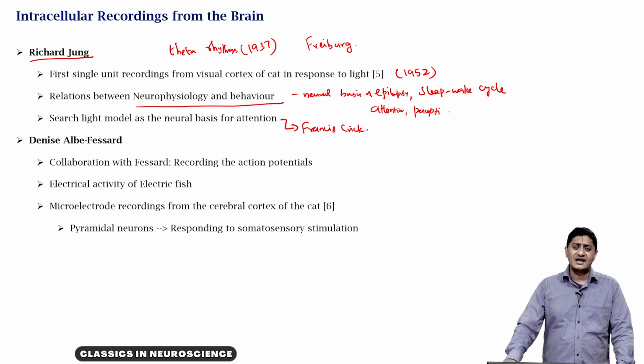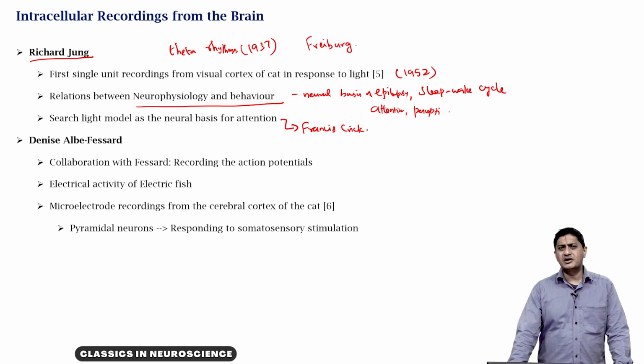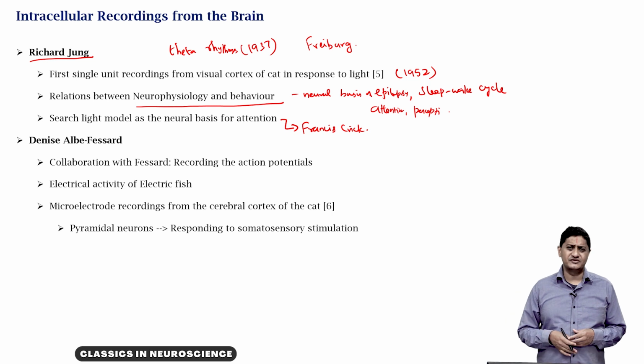Another scientist, also from Europe, is Denise Albe-Fessard. She was born in 1916 in Paris, and she was advised not to pursue medicine as a career. So she studied physics, but there were very few job opportunities for physicists, especially women physicists, at that time.